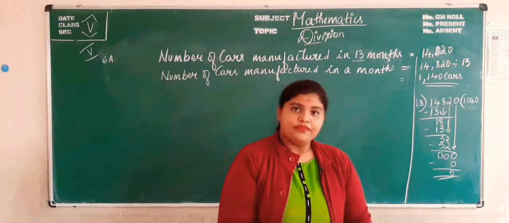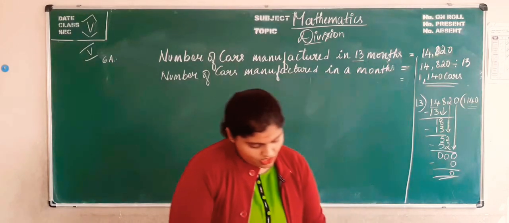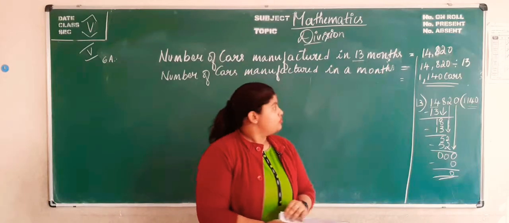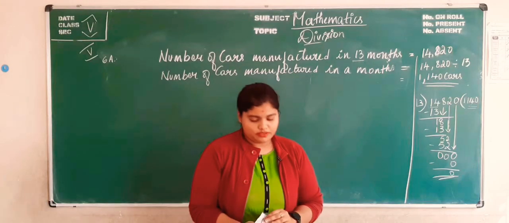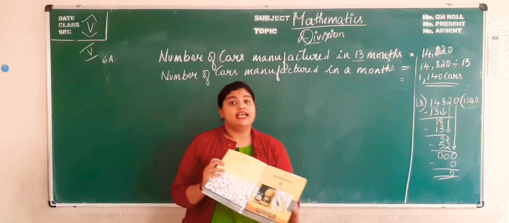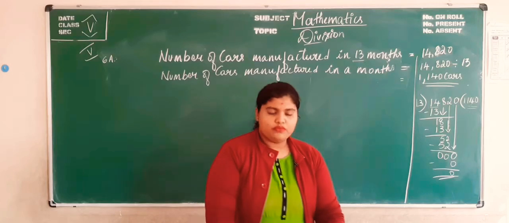Is it clear? Yes. So this completes your exercise 2.1. So we have solved 6 word problems. So there is one more exercise under this chapter, that is exercise 2.2. So we'll move on to that.